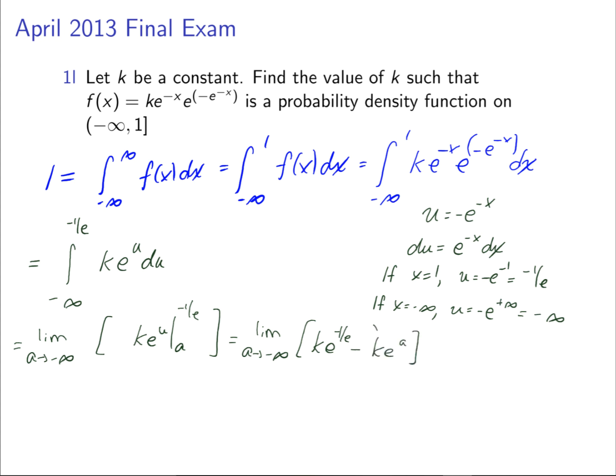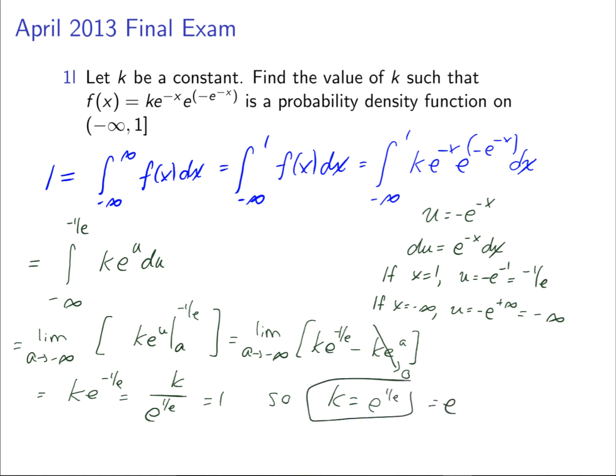As a goes to -infinity, e to the a goes to 0. I need this whole area to be equal to 1, so the value of k that turns this function into a probability density function is e to the 1 over e, or if you prefer, e to the -1.